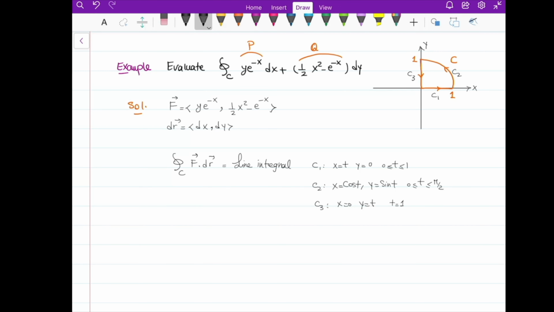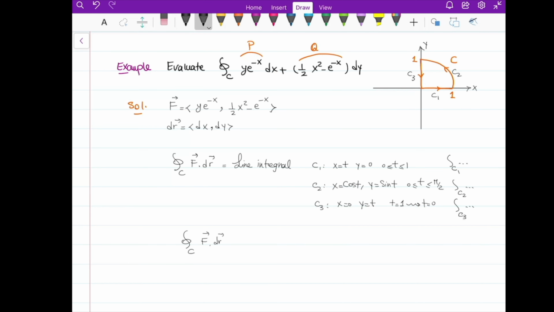So t starts at 1 and goes to 0, and then calculate the line integral over C1, the line integral over C2, and the line integral over C3. It's too much calculation if we want to use that. But since I have the integral over a closed curve, I can use Green's theorem. If C wasn't closed, I couldn't use Green's theorem, and I would need to calculate the line integral.